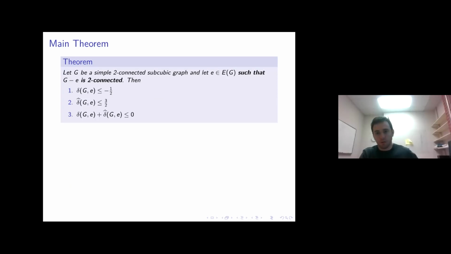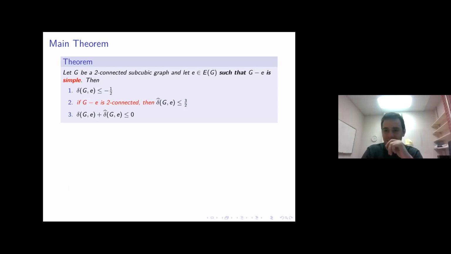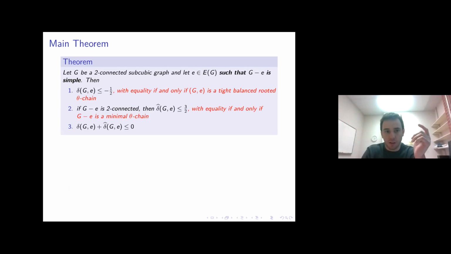All right, so again, this is our main theorem. We've introduced enough terminology so I can make it slightly more accurate. We need to emphasize that G is simple. And if G minus E is 2 connected, then we have this. And we have for 1, equality if and only if G is a tight balanced rooted theta chain.